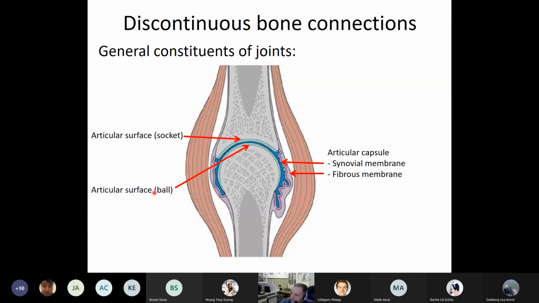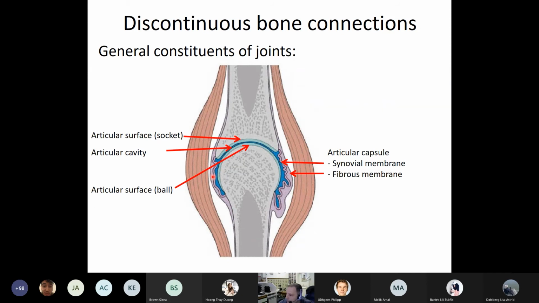And then we have a cavity between the bony or cartilage covered surfaces. This is the articular cavity, in which you find some fluid, articular fluid, also called synovial fluid, that is like an oil, which is there to cover the surfaces and to reduce the friction.